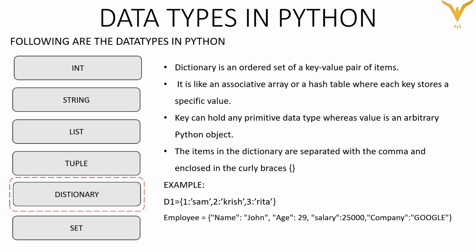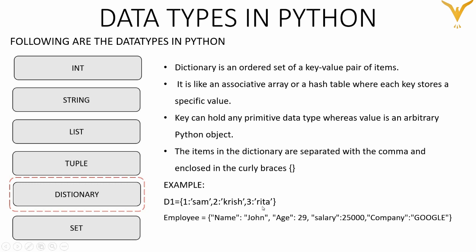Now see here in the example we have created a dictionary D1 equals to, we have used curly braces. Now here we have used key value pairs. Now what do you mean by key value pair? So 1 is the key and for that key we have the value Sam. Then 2 is a key and then we have the value Krish.